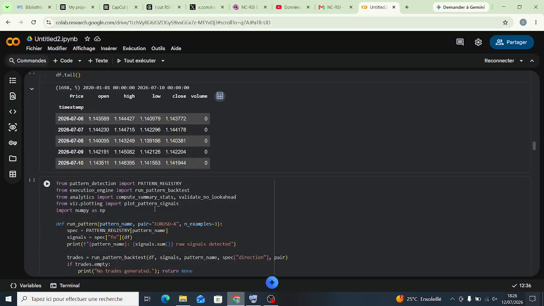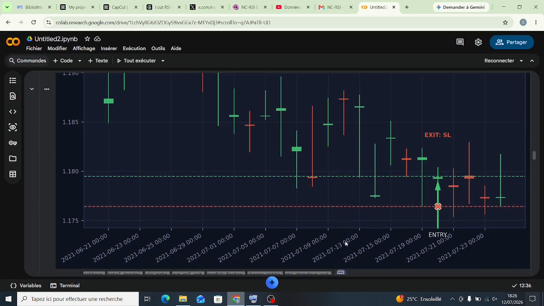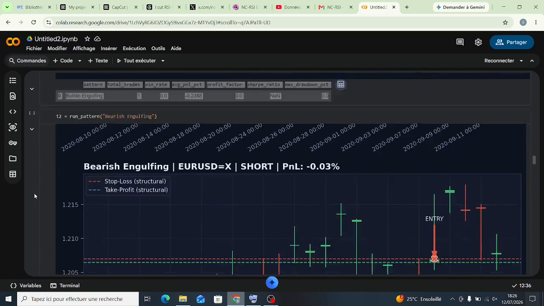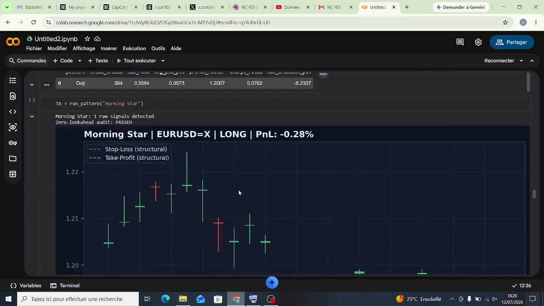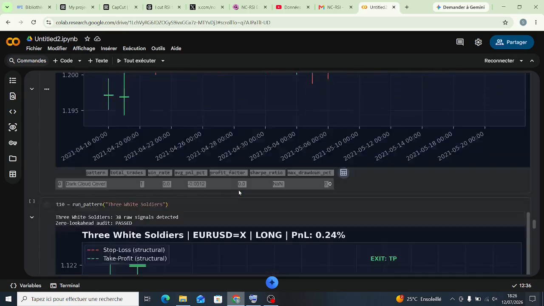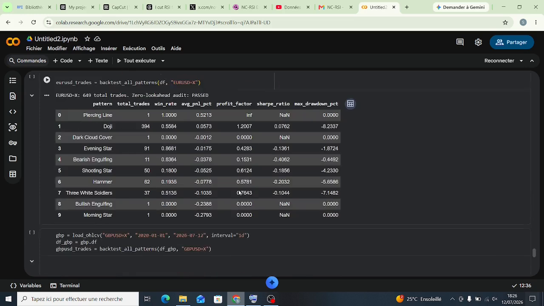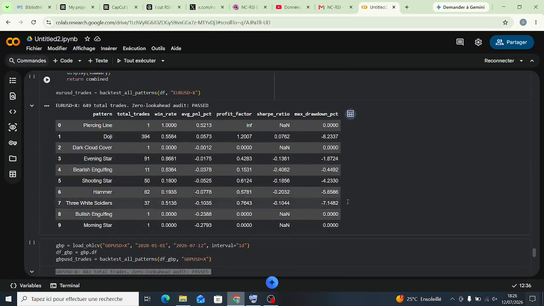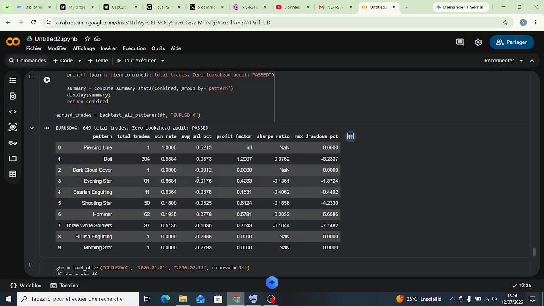On the euro dollar, 649 trades were generated. Doji was the standout with 394 trades, a win rate just under 56%, and a profit factor above 1, meaning it was actually profitable in raw form. Evening Star fired 91 times with an outstanding win rate near 87%, but the profit factor collapsed to 0.43.